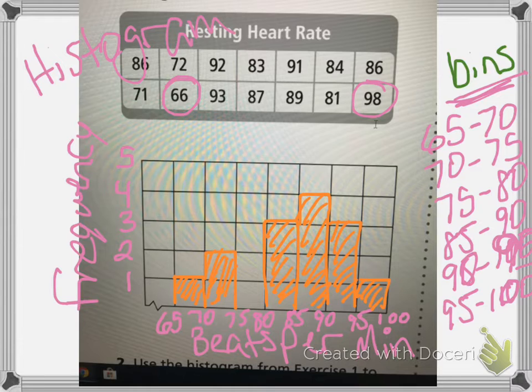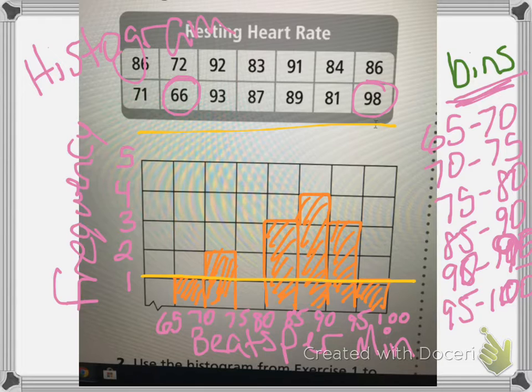Okay, so this is what our histogram data would look like rather than just being a flat line across. If we had made each individual heart rate a piece of data on our bar graph or our histogram, we wouldn't see very much. But now when we group them together, we can see that there's more good data here.